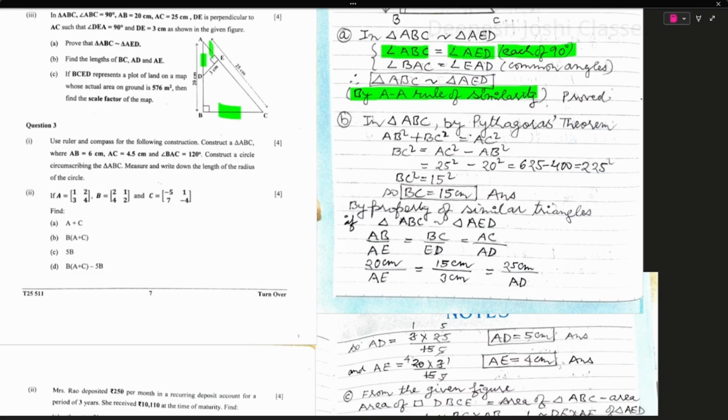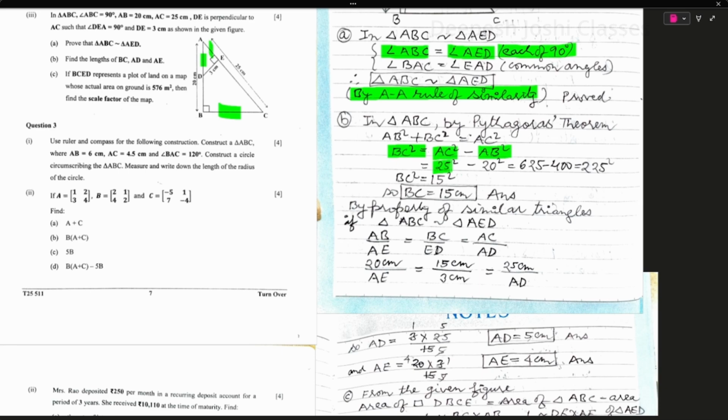For value BC, we will use the right angle triangle ABC and apply Pythagoras theorem. By Pythagoras theorem, we have to find out the base. The square of the base is equal to square of the hypotenuse minus square of the altitude.